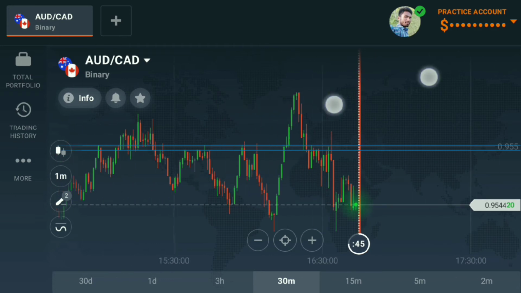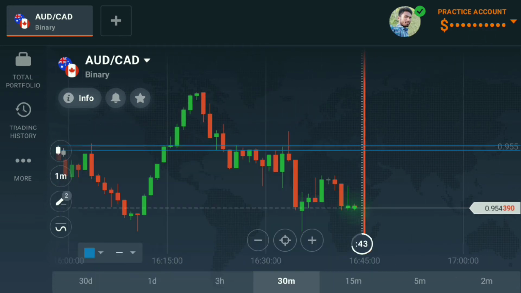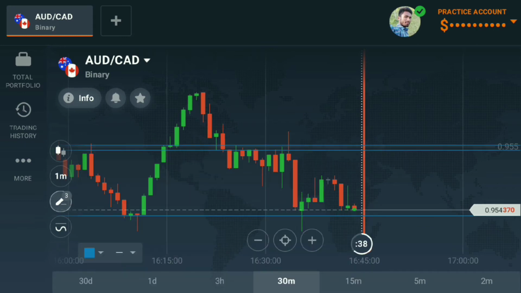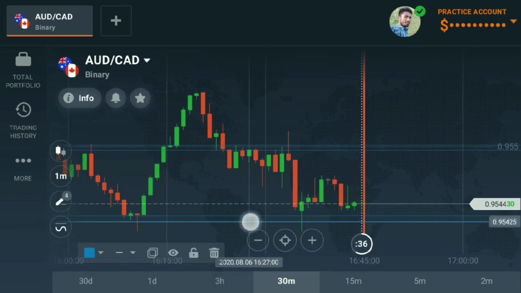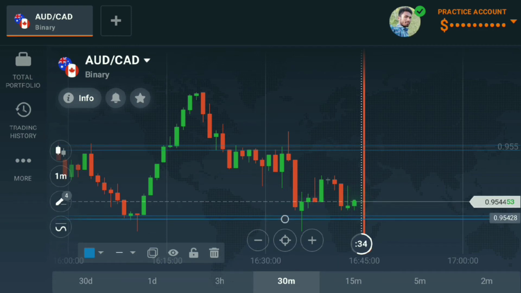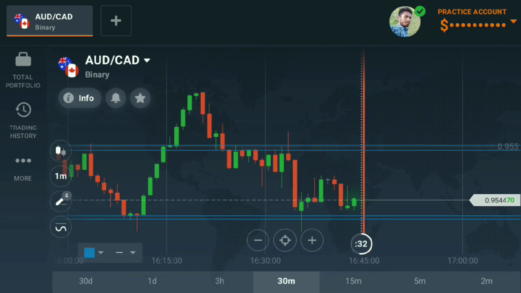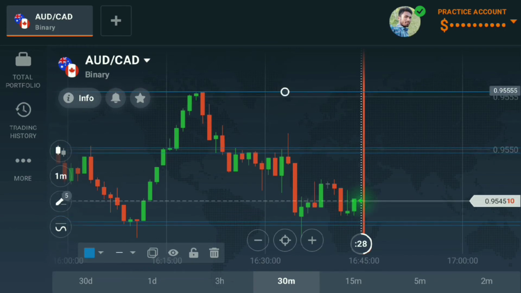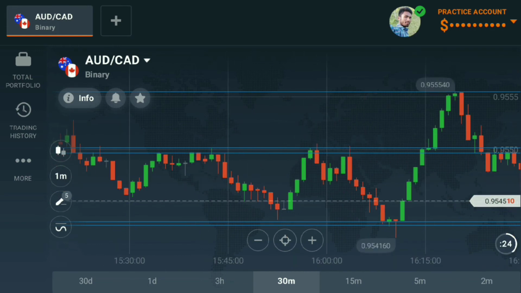This is also a strong level from where the market got momentum. There is no bearish candle in the middle of this trend, and this is also a strong level from where sellers entered very strongly, right? So if you want to trade on the SNR strategy, you have to draw the strong SNR level.